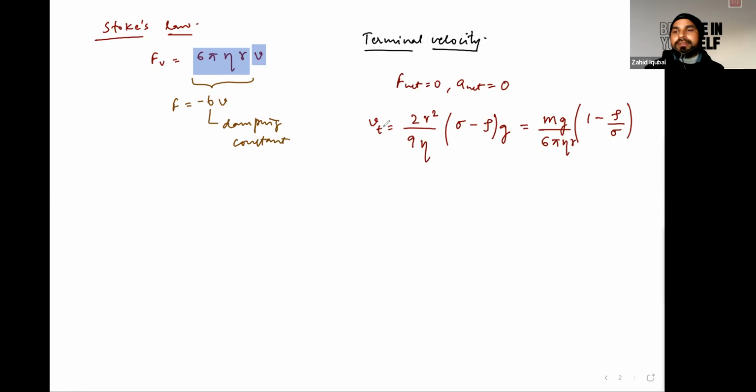Now from this expression, there was a question: why does a helium balloon halt after attaining some particular height? Samira, could you explain? Can you repeat the question?